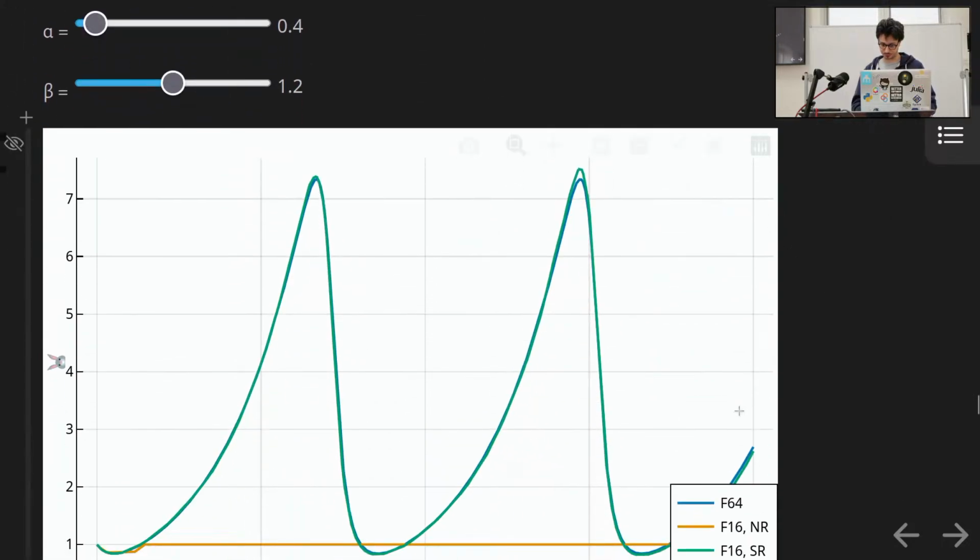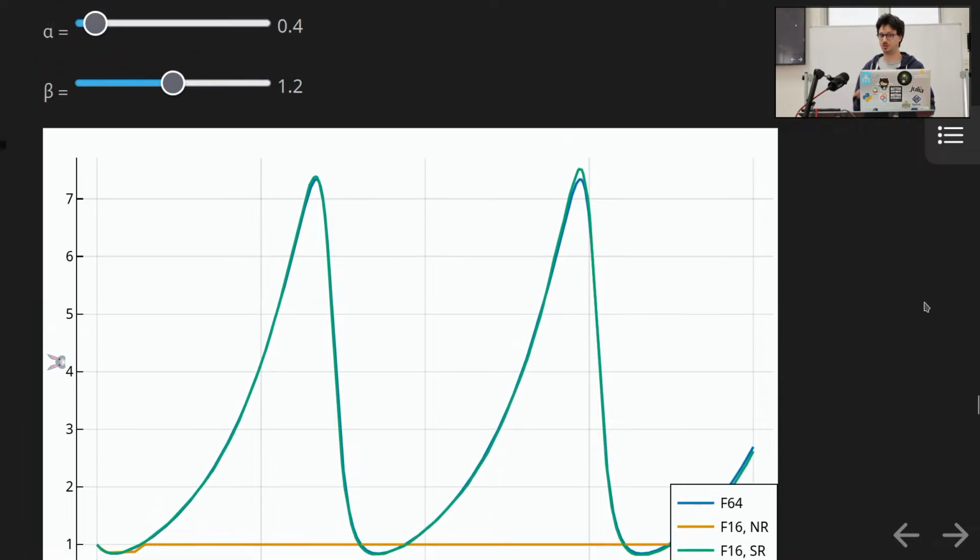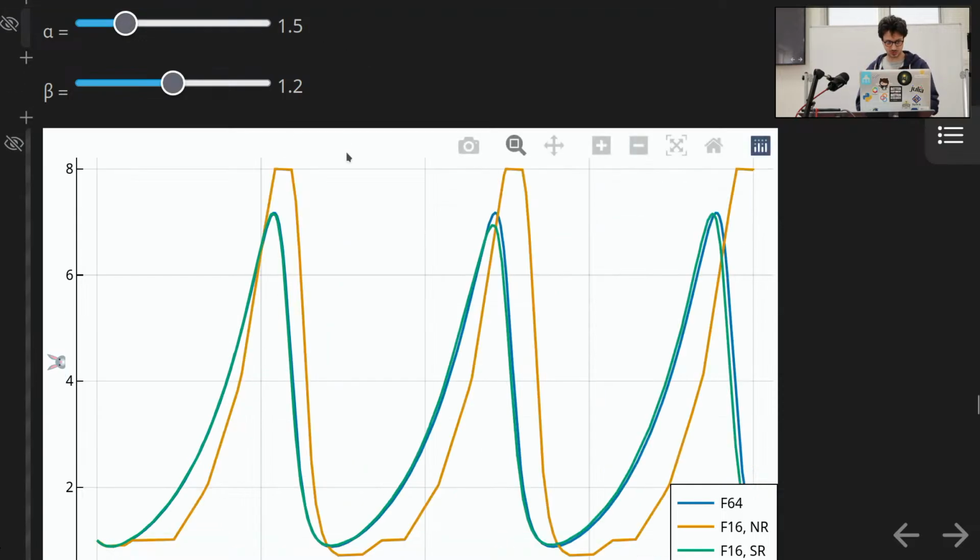The green line is half precision stochastic rounding. The blue line is double precision, which again we take as the ground truth, and the yellow line is half precision using nearest rounding. You can see that with these parameters, nearest rounding is very inaccurate, and instead stochastic rounding recovers all the precision that you lose by using low precision floating point numbers. We can try different parameters.